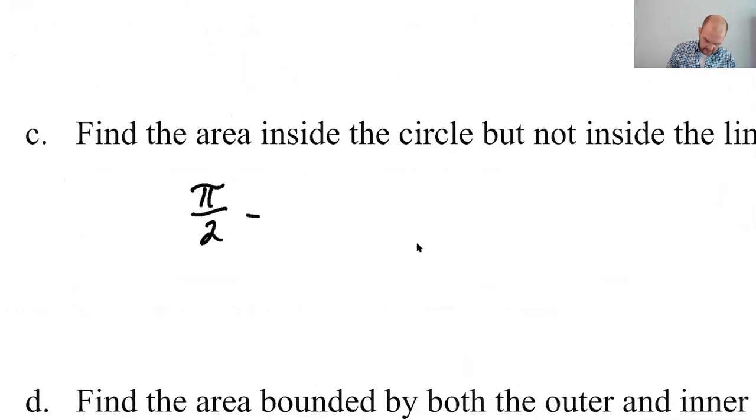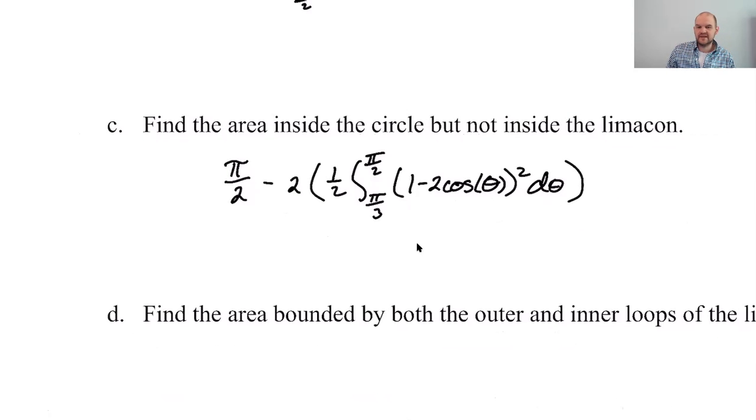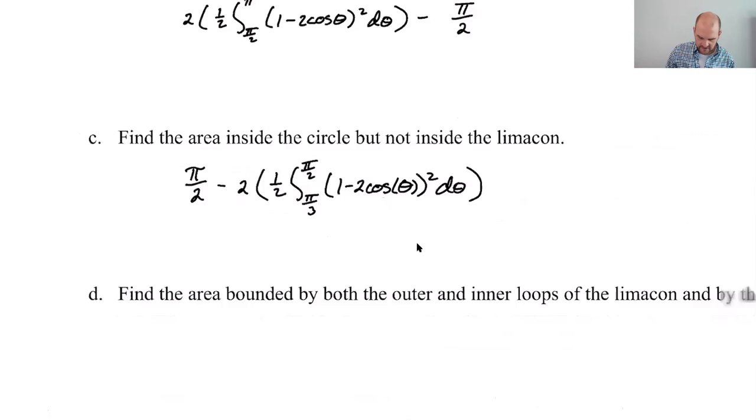The limacon, so 2 times 1/2 from pi over 3 to pi over 2, 1 minus 2 cosine of theta squared d theta. There we go, I think. Okay, and again, we're gonna use a calculator, but I don't think the calculator is gonna give me any great clarity here.